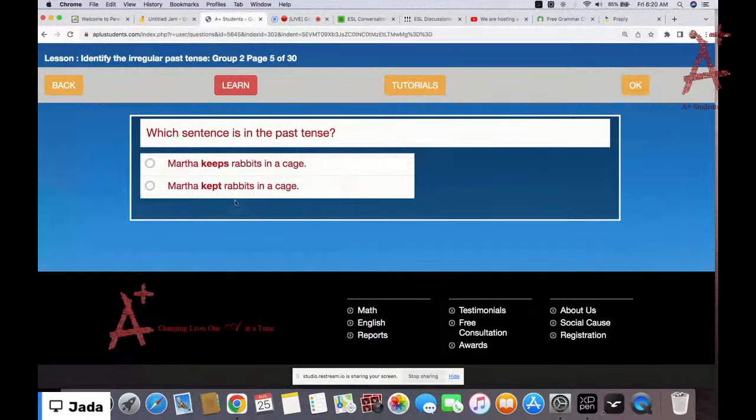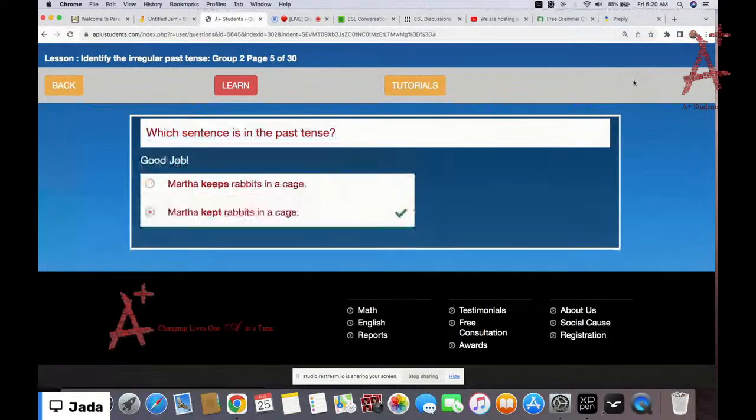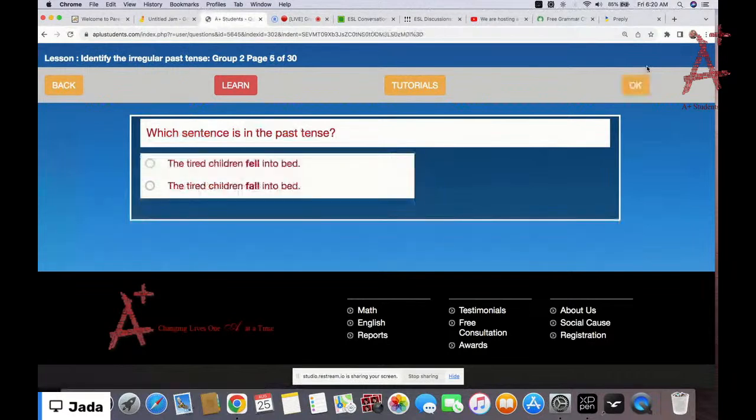Mother kept rabbits in a cage. The tired children fell into bed. The tired children fall into bed. So fell.